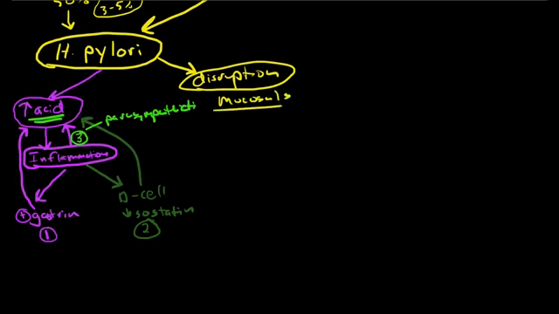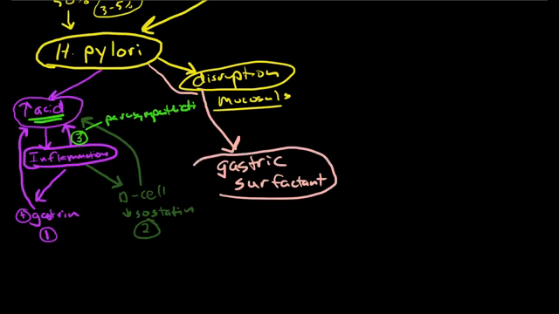And interestingly enough, there is some evidence that the H. pylori cells may actually feed on gastric surfactant. So we have a direct destruction of this gastric surfactant layer and a disruption of that mucosal barrier. So we have increased acid and we have disruption of the mucosal barrier.